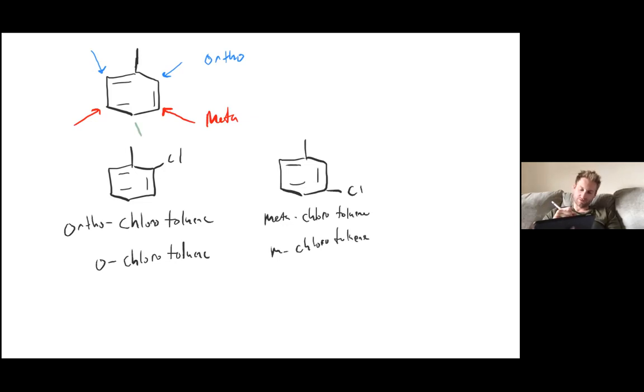Our last position is the para position, or p-chlorotoluene.